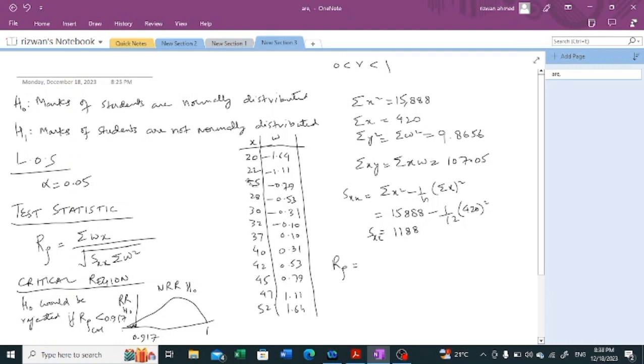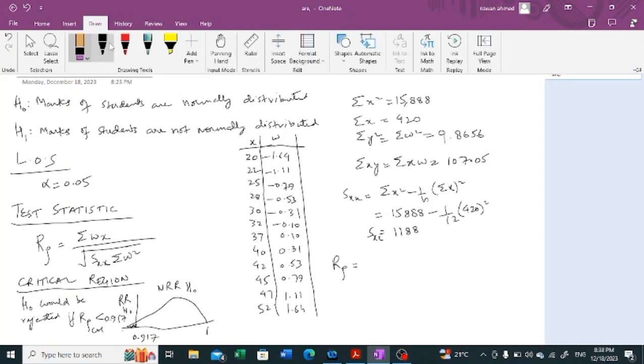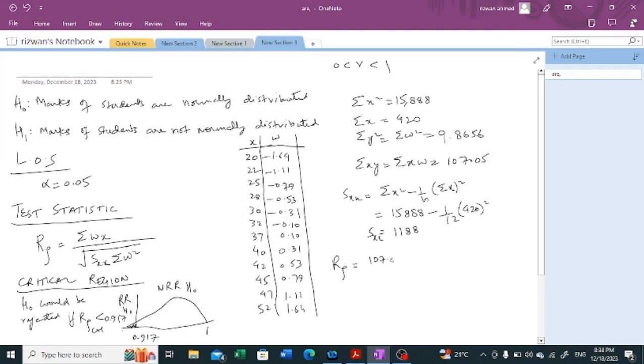Summation xw we need to substitute in the numerator, and summation xw we have worked out as 107.05, divided by, inside the square root, 1188 that we worked out as Sxx, and the value of summation y squared, which is summation w squared, that's 9.8656.